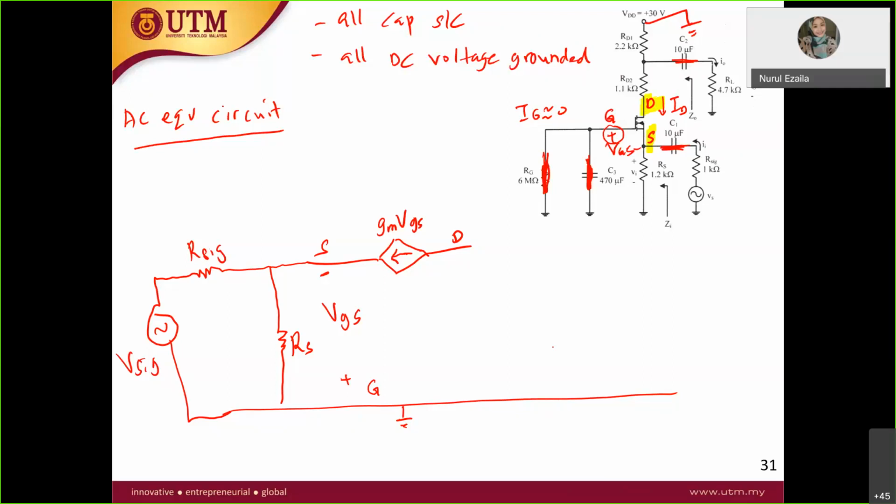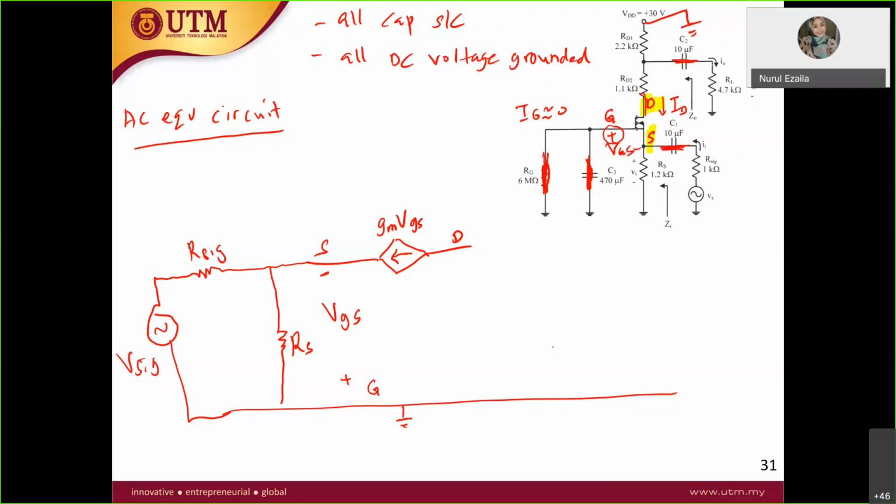This looks complicated, but when you draw from point to point, you will definitely get the answer. Look at the drain first. The drain goes to RD2.